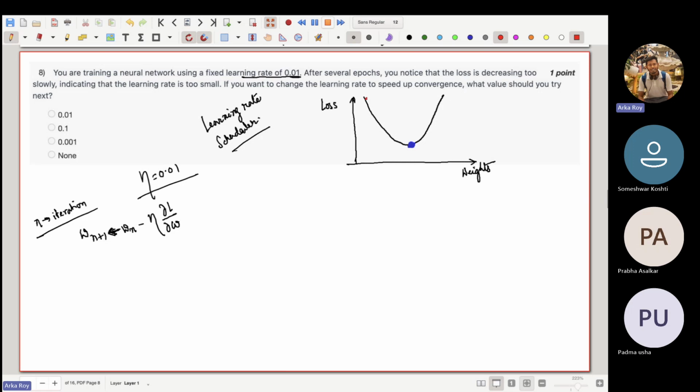So you start with a random initialization of weight. Let us consider this is W naught, the random initialization at this particular position. And you have kept the learning rate value as 0.01.